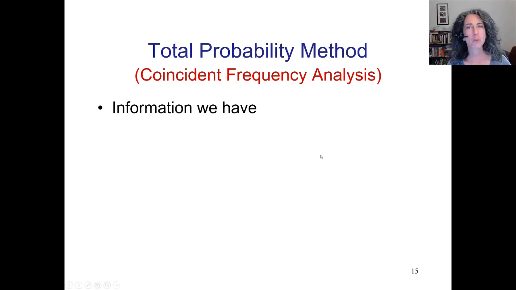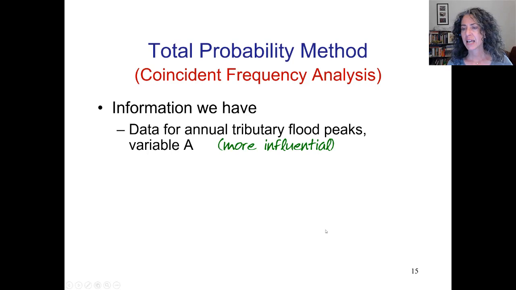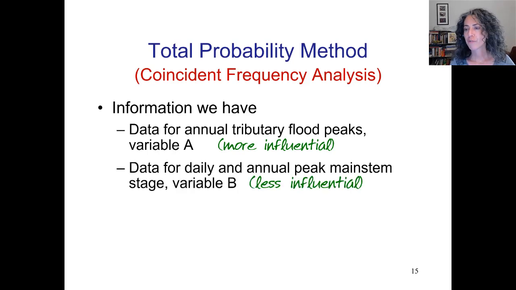So the information that we have for our analysis: we have a record of annual peak flows on the tributary as variable A. Remember, variable A was our more influential variable, and we're going to build our annual peak frequency curve from the annual peak flows on A. For variable B, we have both daily and annual peak main stem stages.